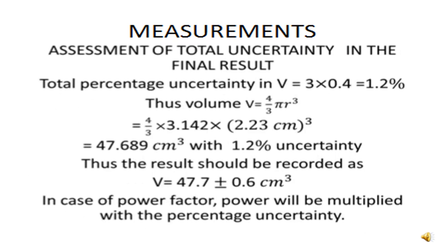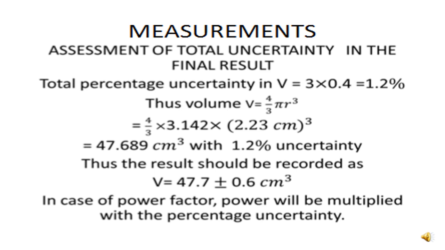Now the total percentage uncertainty in volume V is equal to 3 into 0.4, which is equal to 1.2%. Thus volume V is equal to 4 by 3 pi r cube. By putting the values of pi and radius r, we get the volume equal to 47.689 centimeter cube with 1.2% uncertainty.